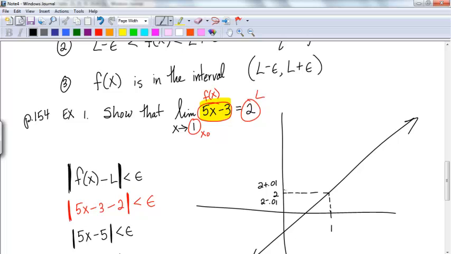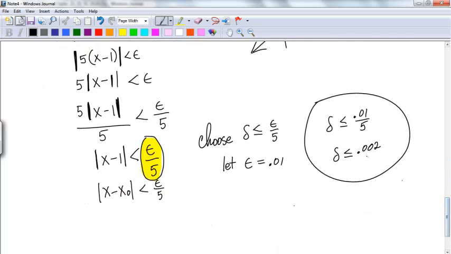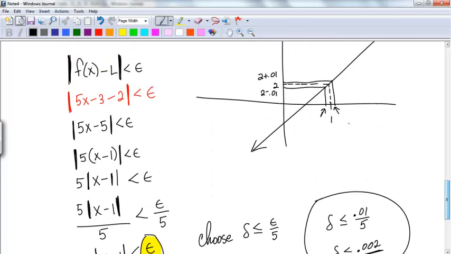You would really have to blow this up a little bit. It's going to come across here. And what I want to know is, what do I think these x values should be? I'd have 1.002, and this one would be what? 0.9998.